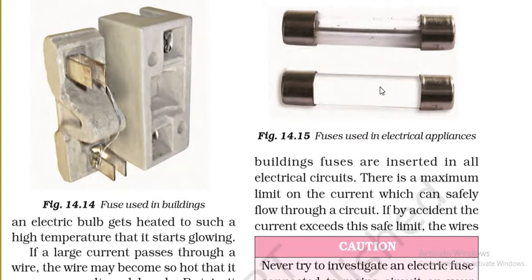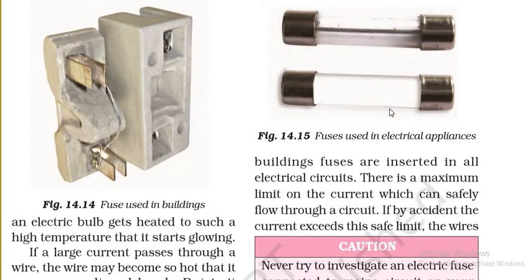When the excessive current passes, the wire of this fuse will melt, and since the wire will melt, it will break the circuit, break the flow of current. When the flow of current is broken, no more electric current will pass, and eventually short circuit will not take place.